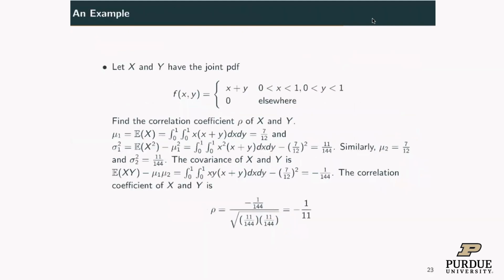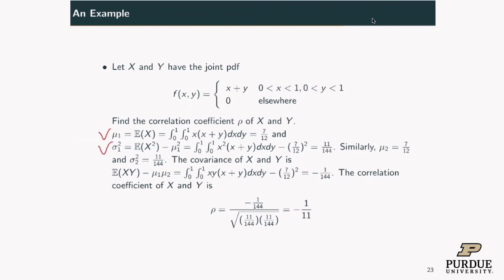First, let's see how we calculate the correlation coefficient. X and Y have the joint PDF, X plus Y, with support X between 0 and 1, Y between 0 and 1. Find the correlation coefficient, rho of X and Y. For this example, we can get the mean of X, the expected value of X. You can do the double integration directly.